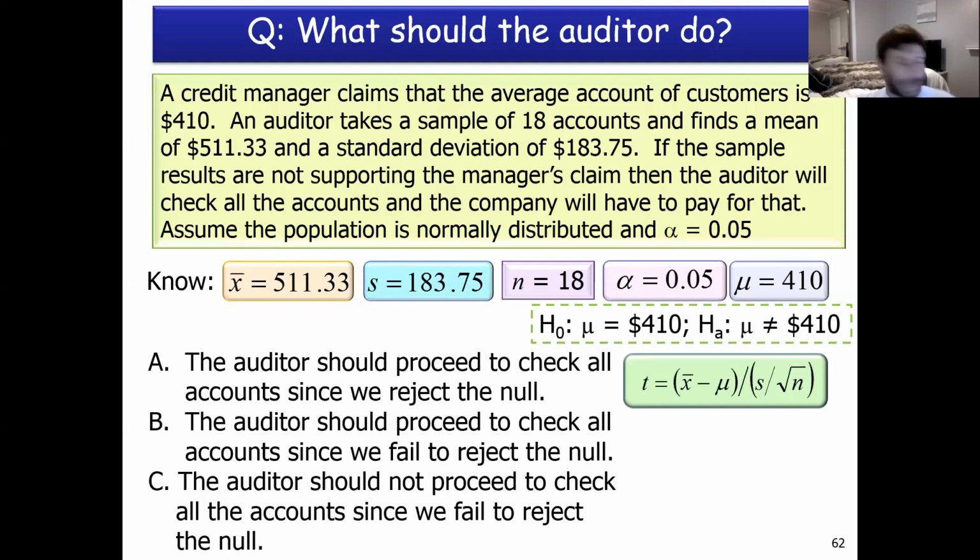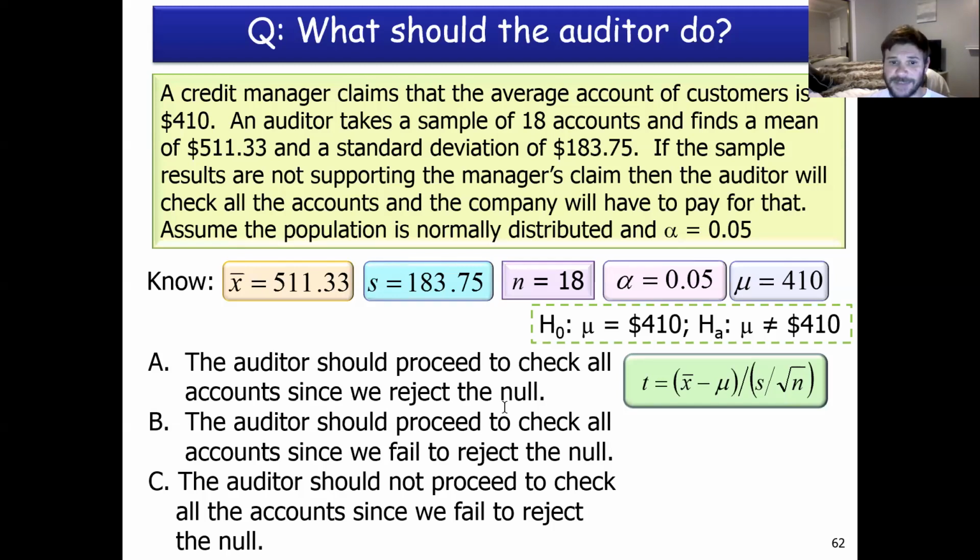Let's go to our t table here. Again, we're looking at a significance level of 5%, but it is a two-tailed test. So we're going to be using that alpha double prime to identify our column for the two-tailed test at the 5% significance level.